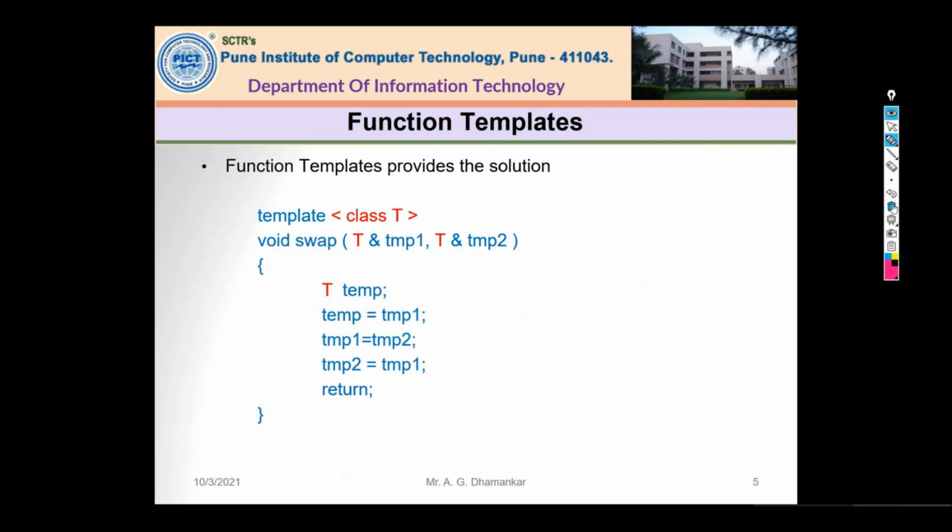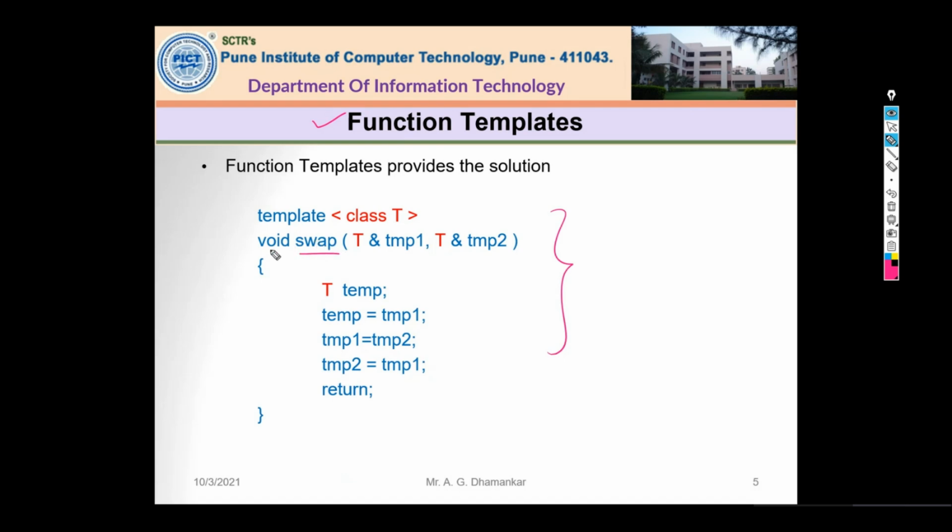This is a function template. So this kind of problem can be solved using function templates. Now don't get confused with these terms and how it is written. These things I will be explaining here. This is a very simple swap function.